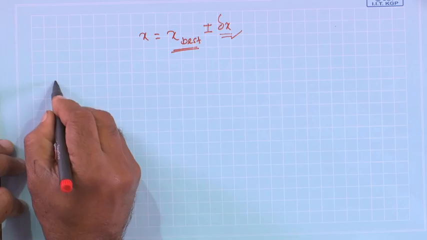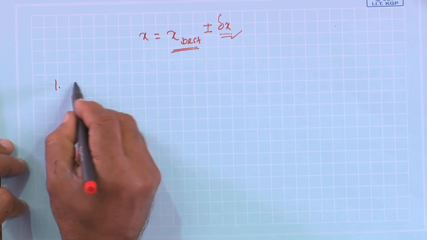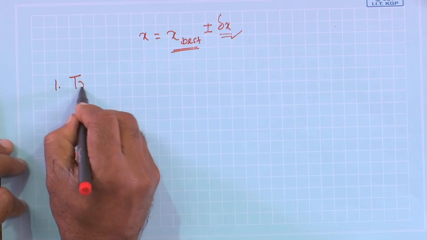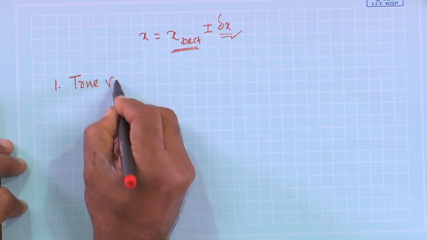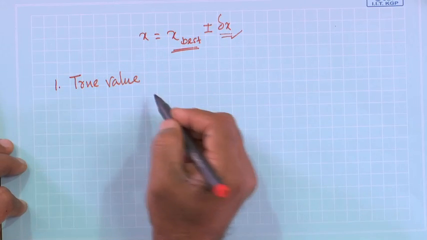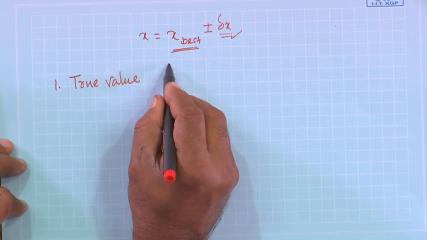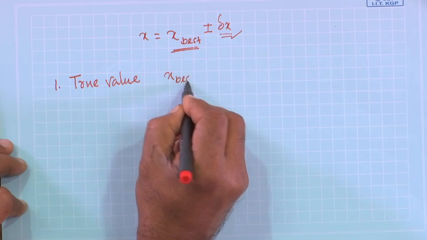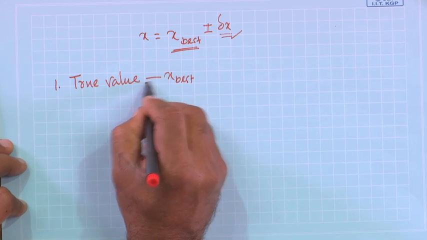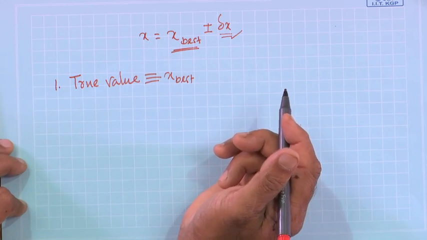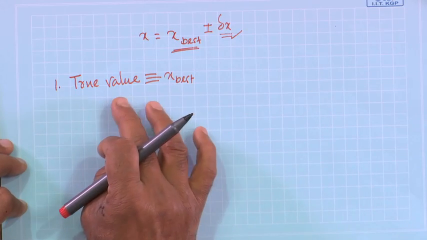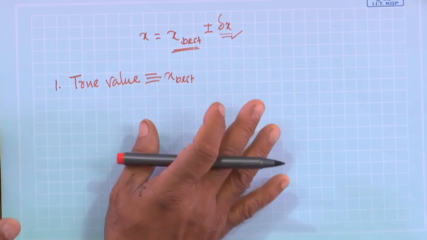One way is, as I told, if a standard value or true value of this parameter is available, then we compare this x best with this true value. Okay. So, if it is close to this true value, then this is fine, your result is quite good, we are very happy. Okay.